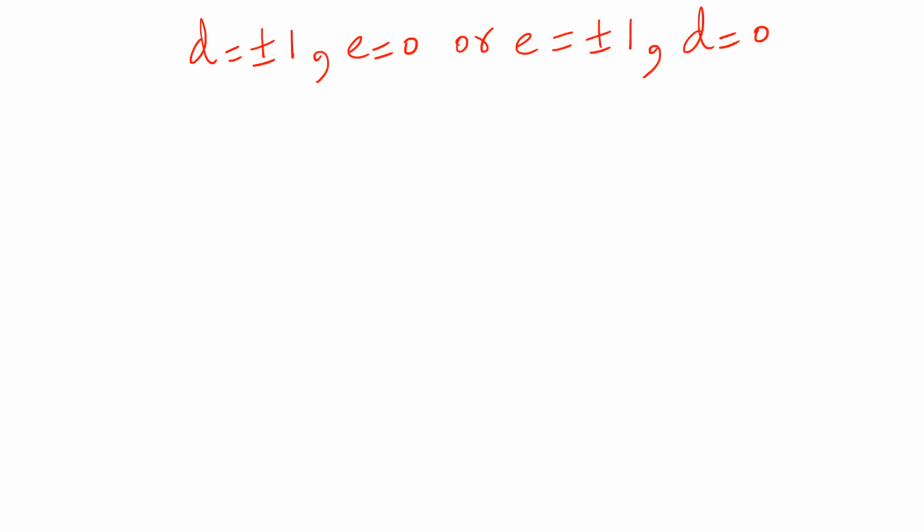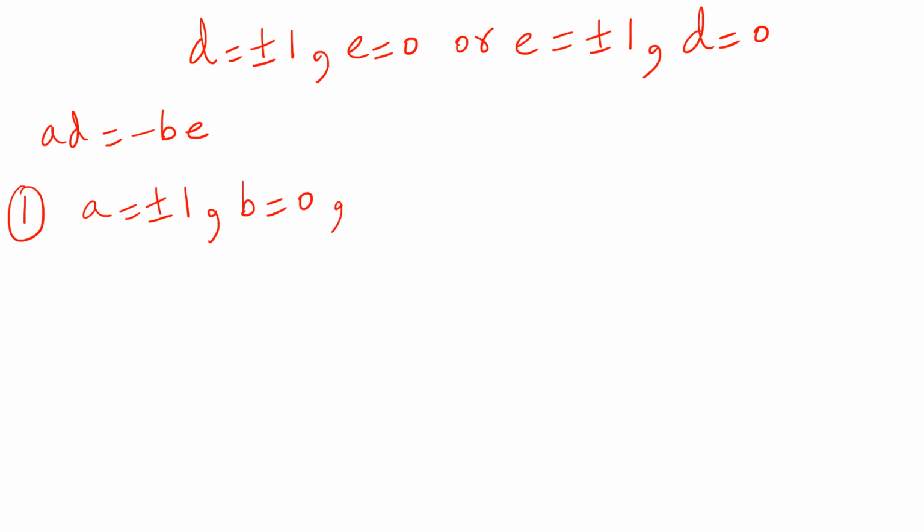Now students, I can write if D equal to plus minus 1, then E must be equal to 0. Or if E equal to plus minus 1, then D must be equal to 0. Now we also have the condition AD equal to minus BE. Now students, if I connect all the above conditions, then I can write if A equal to plus minus 1, then B must be equal to 0.